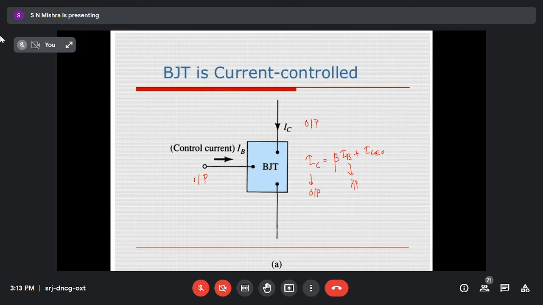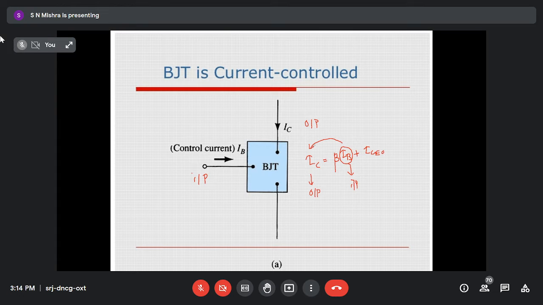So output is controlled by input or not? If I change IB, IC will change or not? Yes. So that's why the input current controls the output current, or I can say output current is controlled by input current.